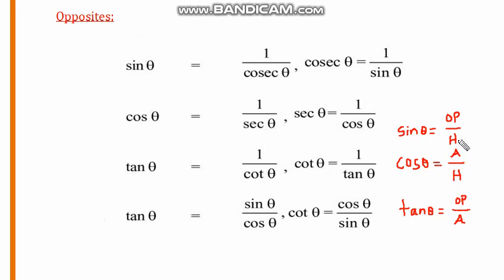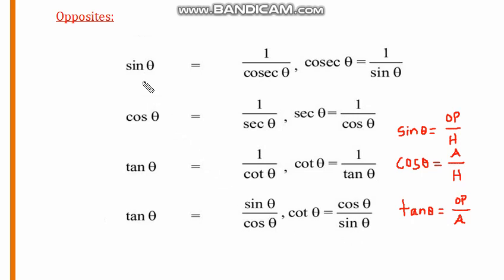The hypotenuse cancels, leaving opposite by adjacent, which is tan theta. So tan theta is the ratio between sin theta and cos theta. Since cot theta is the inverse of tan theta, cot theta is cos theta by sin theta.